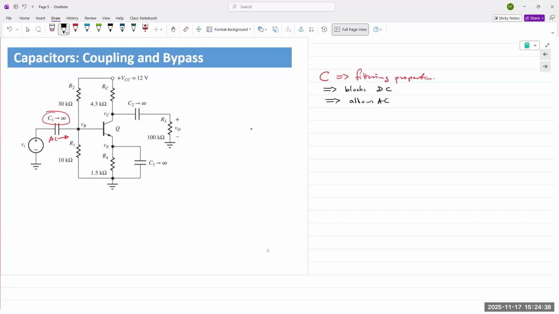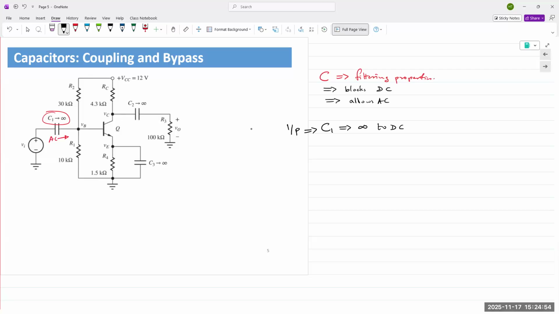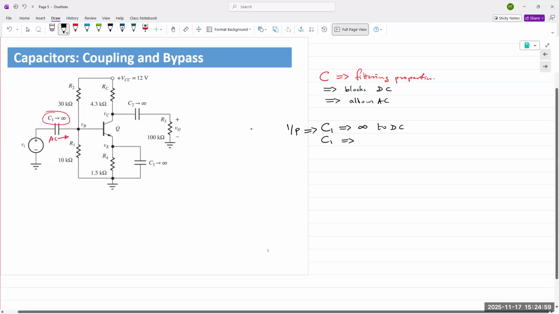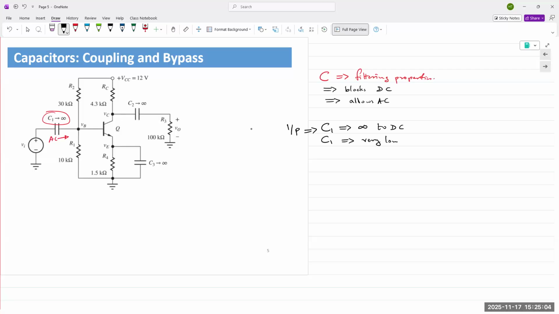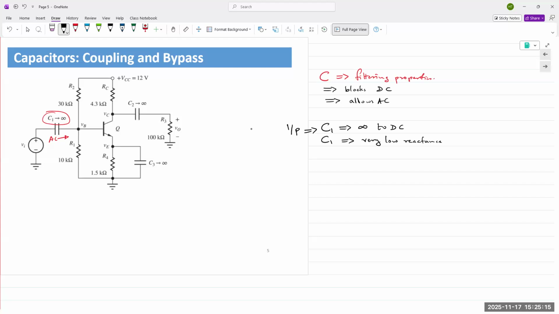So on the input side, we have a capacitor C1, and the C1 capacitor is going to appear as an open circuit or infinite resistance to DC signals. At the same time, it has very low reactance to AC and behaves like a short circuit for AC signals. This, of course, also depends on the frequency of your input signals, and so you choose the value for capacitors accordingly.